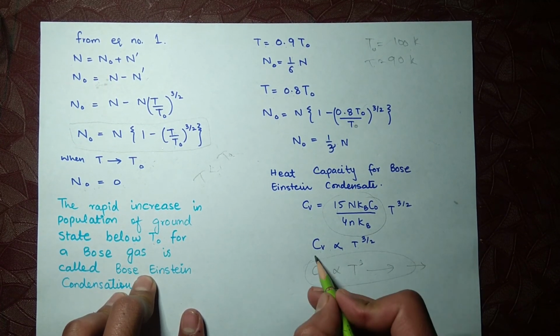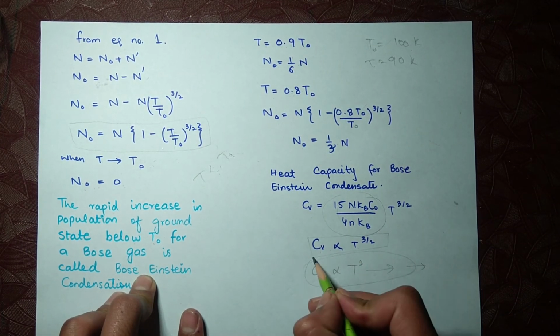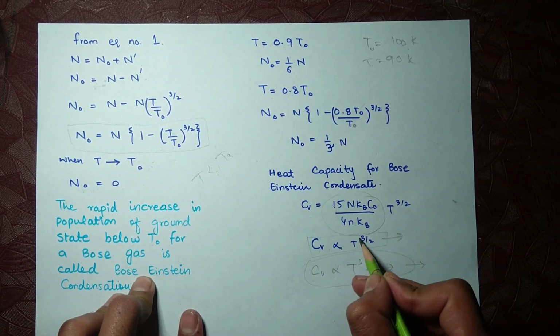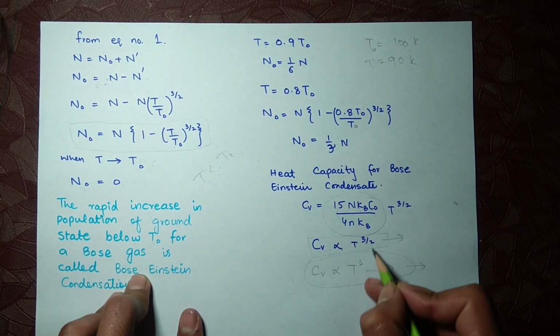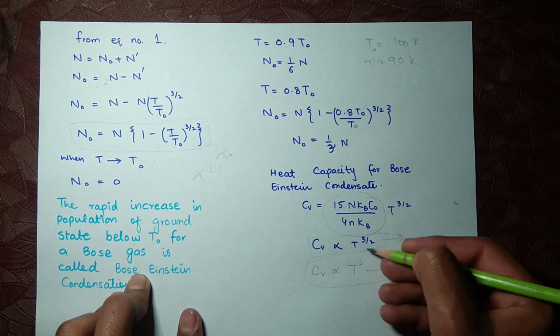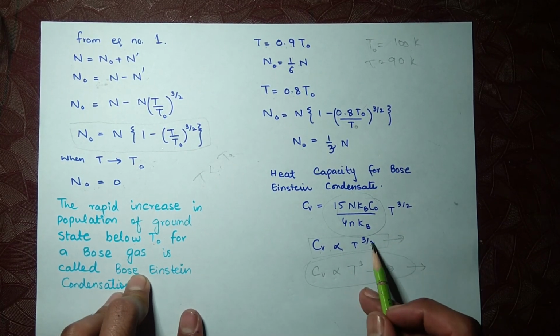But now we have a Bose Einstein condensate and it has a relation T power 3 by 2. There is a difference between the Einstein model and a Bose Einstein condensate, and this is the difference.